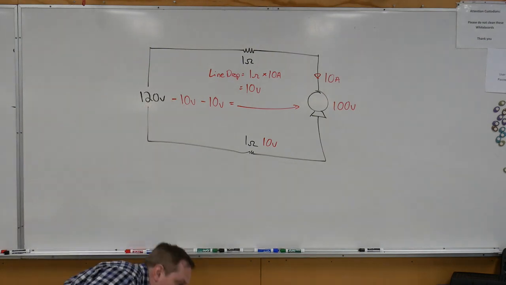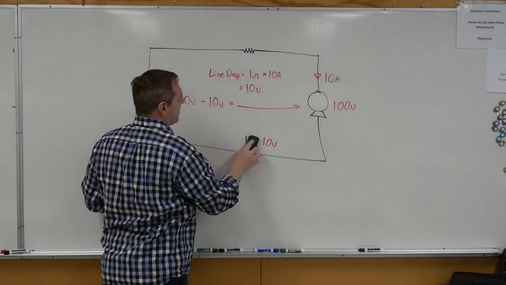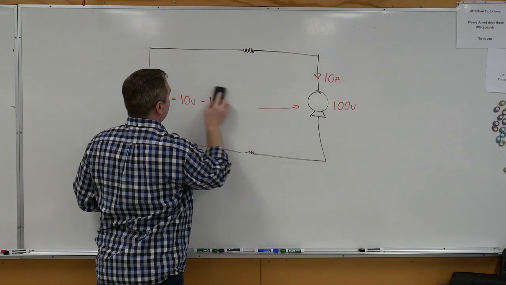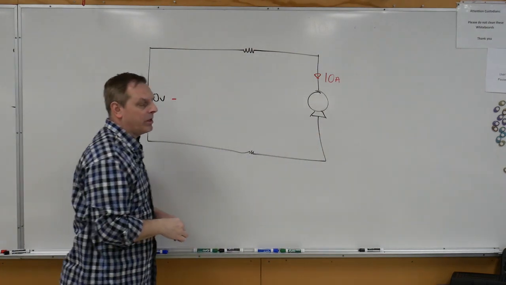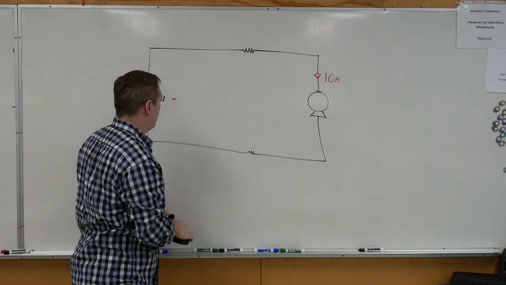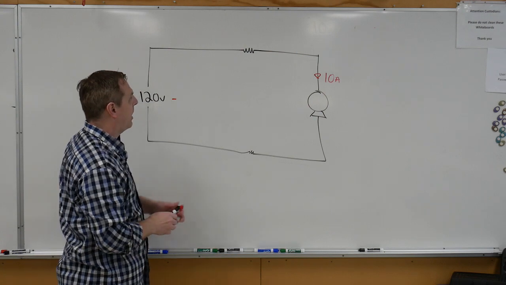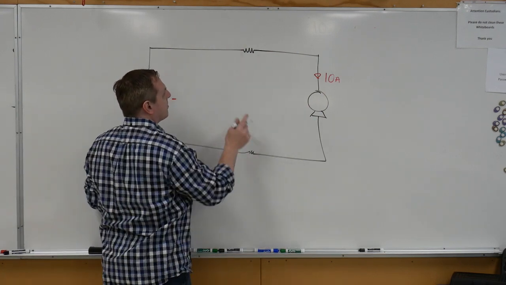So if I change the resistance of these conductors to a greater size, what I will end up doing is giving me a better voltage at the load. I'm still going to continue with that 10 amps of current because the load hasn't changed, but I'm going to upsize my conductors to a much greater gauge, minimizing the resistance.